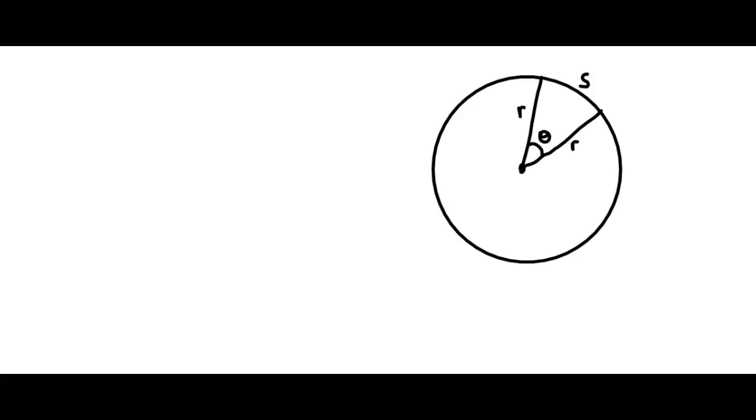So if we define theta as being the ratio of the arc length S to the radius R, that's going to allow us to use a measurement called radians. It's simply just a ratio because both of these are measuring distance, so the units are going to cancel out. And you have a circle which you know has 360 degrees.